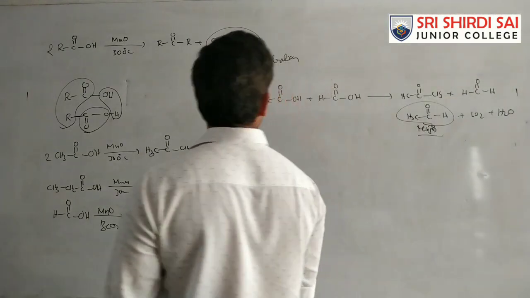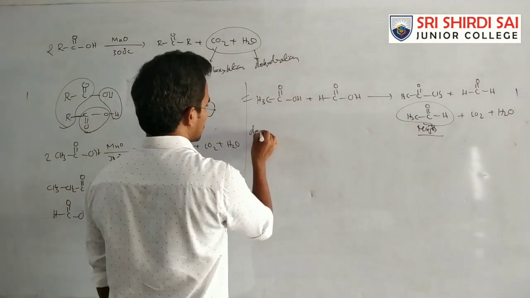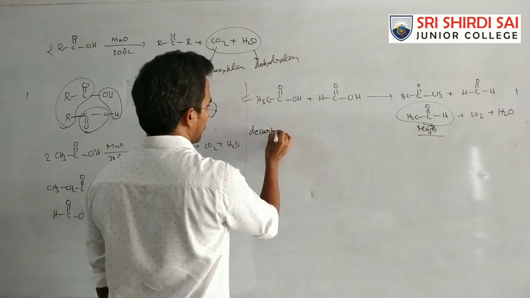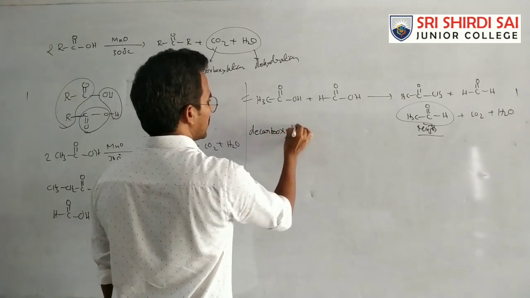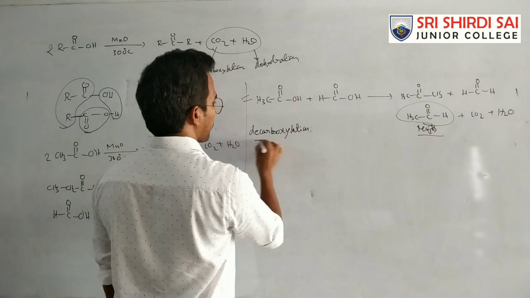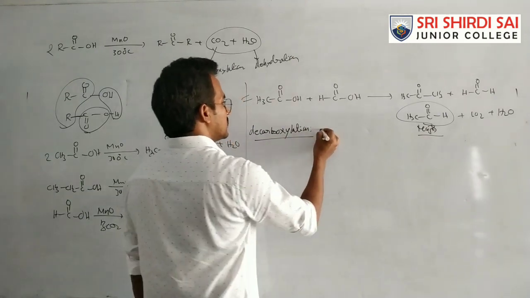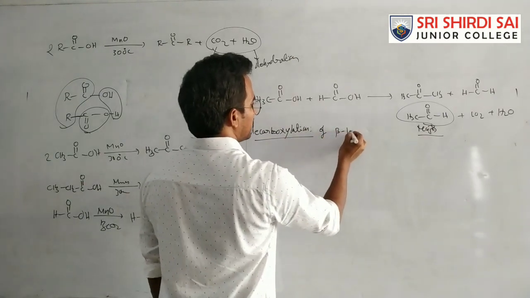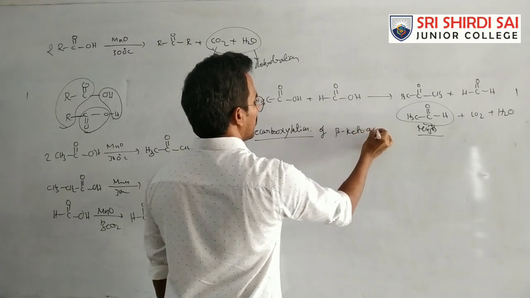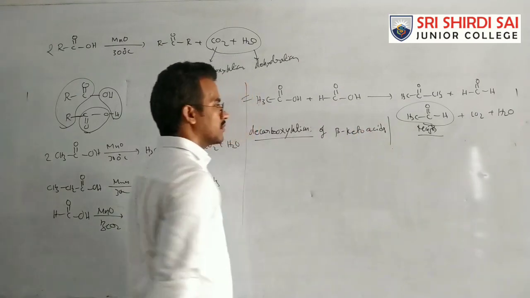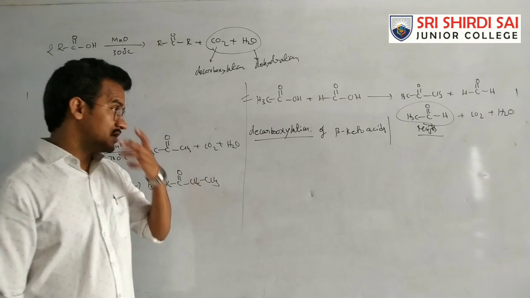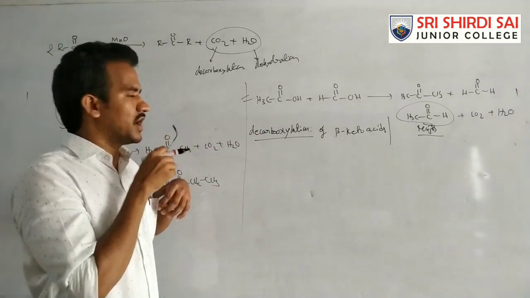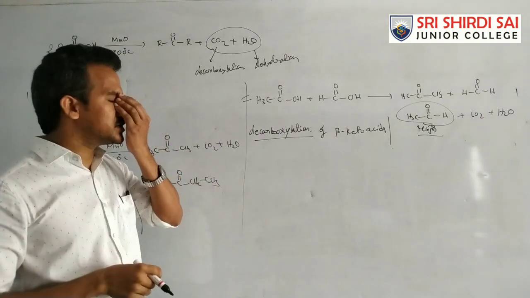Okay, and next, another preparation method is decarboxylation: decarboxylation of beta keto acids. Here beta keto acids on heating undergo decarboxylation.